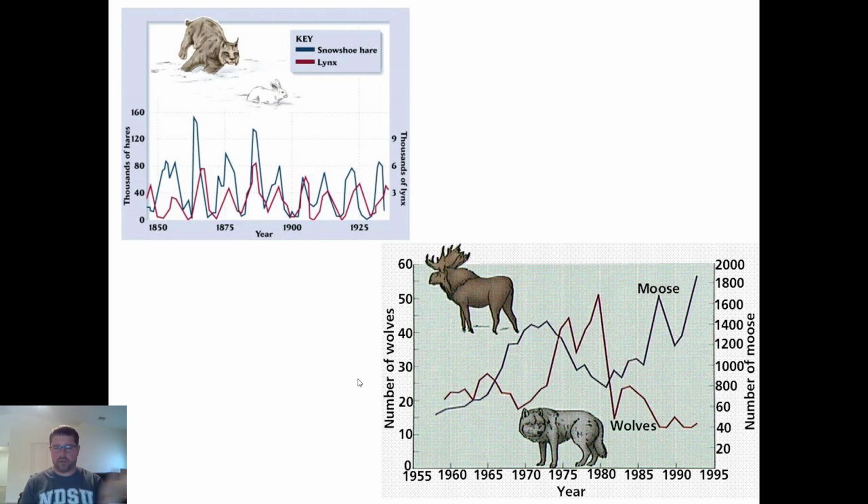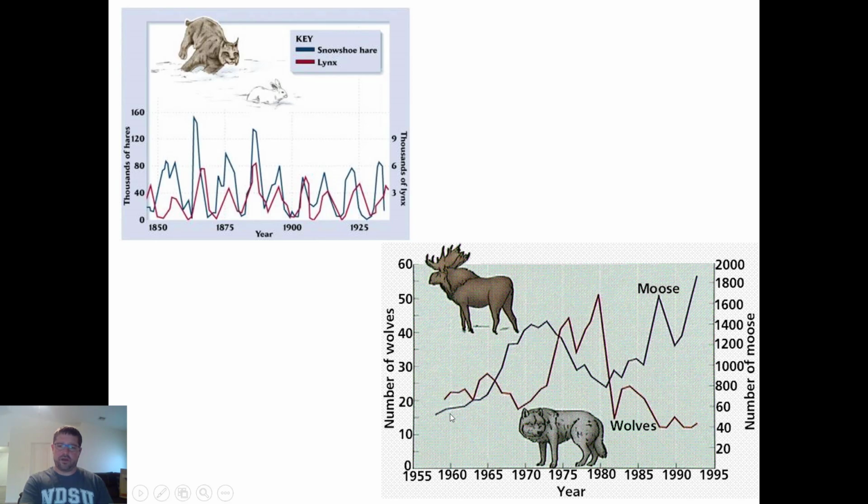We believe that they swam across the water to get onto the island. They've been there for a while, and the wolves actually followed them. And so the wolves came to the island, most likely by swimming. We don't think anybody introduced either one there. But what happens is we've been tracking the moose population and the wolf population for a while. So you can see wolves are in red and moose are in blue.